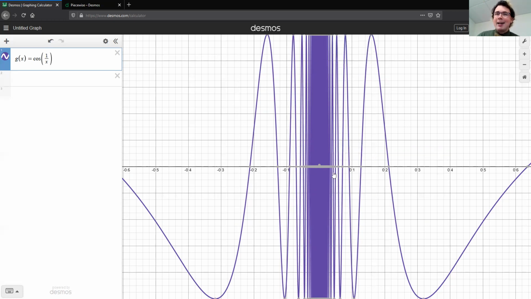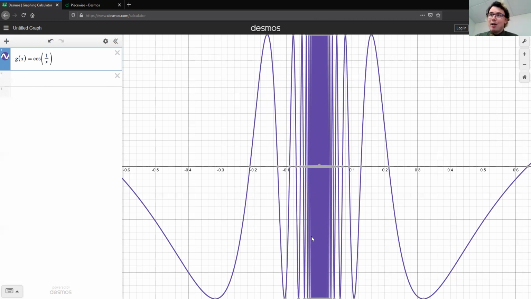This is not getting closer and closer to a neighborhood of y equals 0. No matter how far I get here, I can always find an x coordinate where my g of x will be far away from y equals 0, or any other y coordinate that I might want to try for the value of that limit.